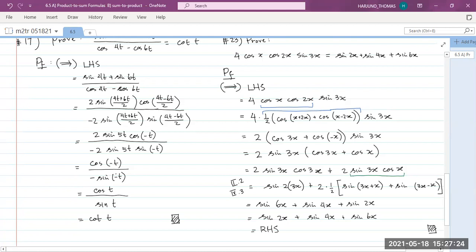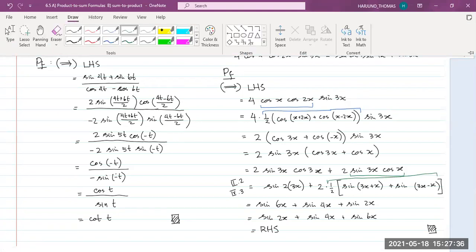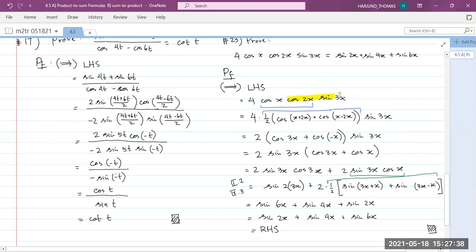Okay, but by the way, I will need you to realize that this proof is not unique though. I have a very strong feeling that you will get the same result if you had combined the last 2 terms first.